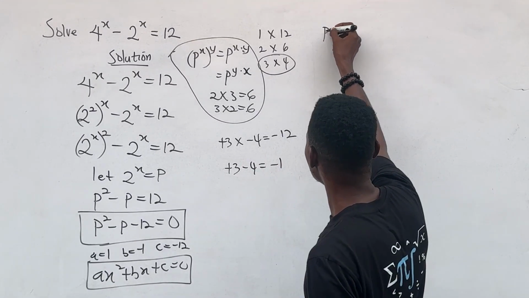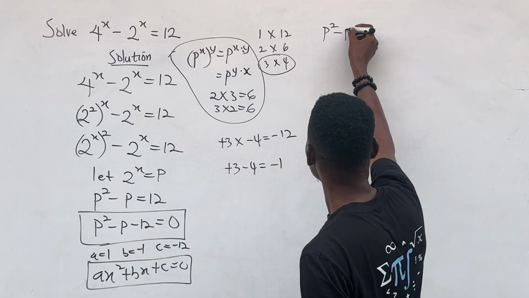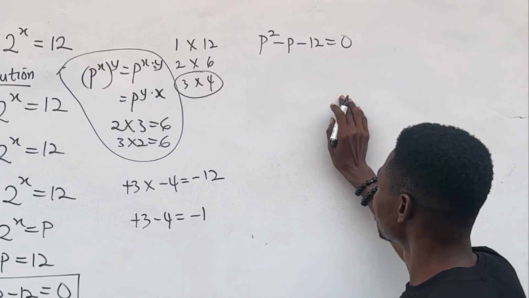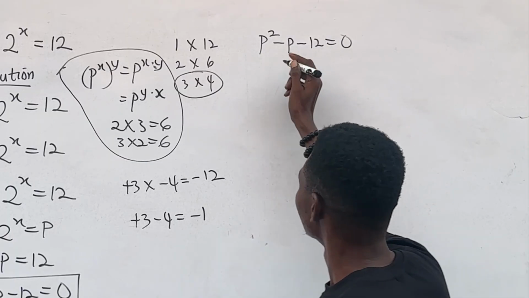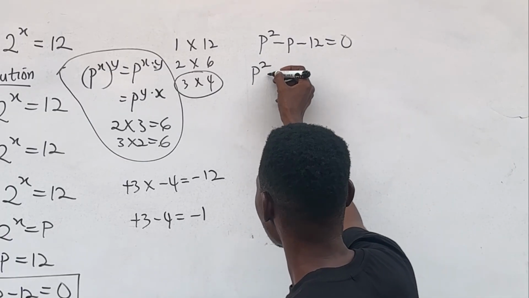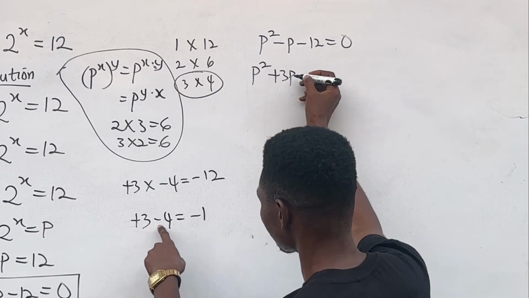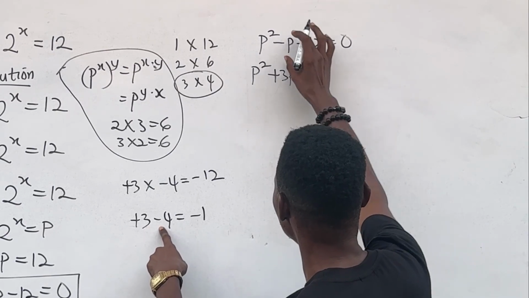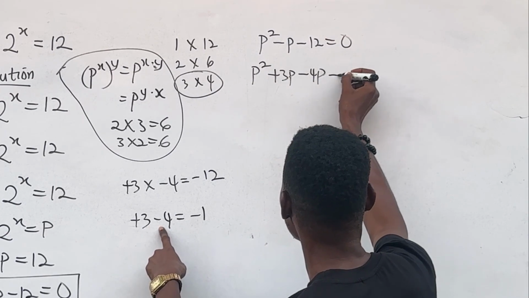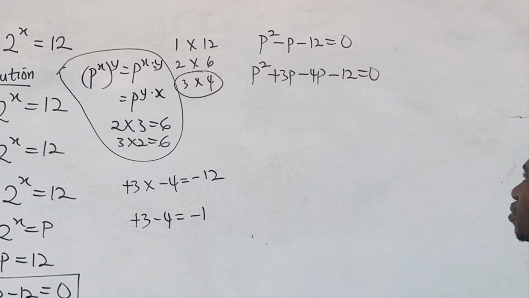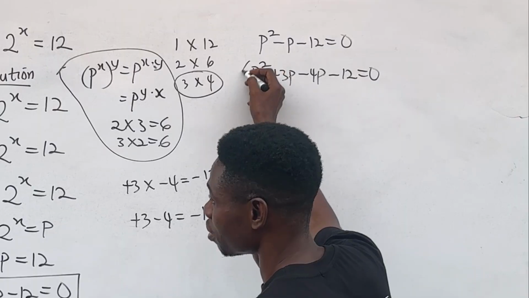So from p squared minus p minus 12 equals 0, you can conveniently break this into two, such that it is p squared plus 3p minus 4p to give us this minus 1, then we have our minus 12 equal to 0. Now we can group because we're factorizing.